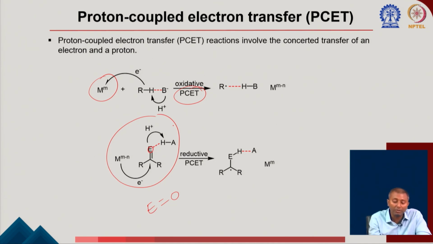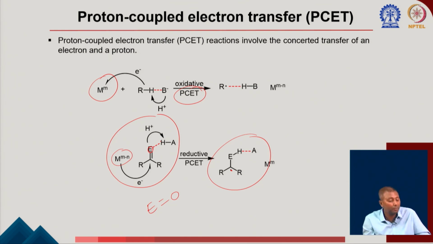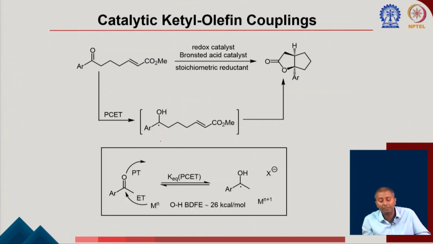Because once you have a protonated form, the photocatalyst can go for electron transfer to form this species. So now you can reduce the carbonyl group to make this radical species here. This proton which is getting coupled here is allowing the electron transfer to happen. So that is called proton coupled electron transfer.